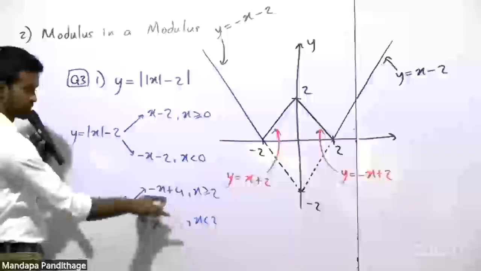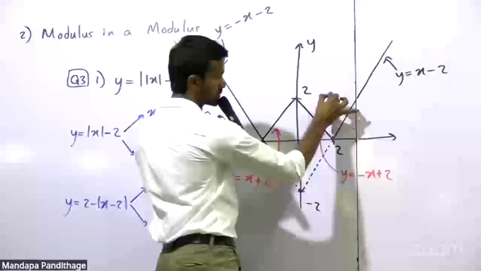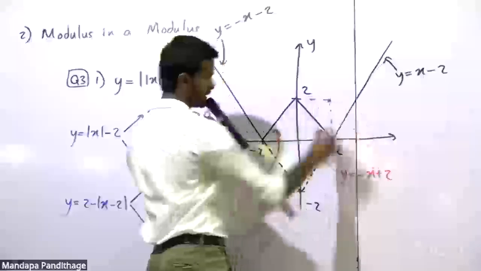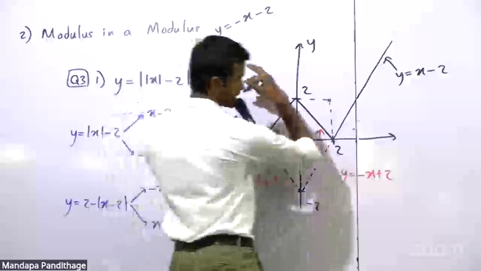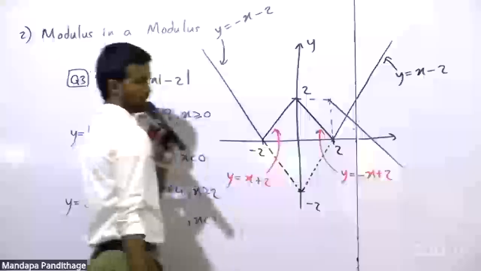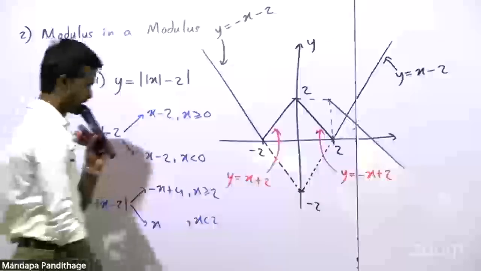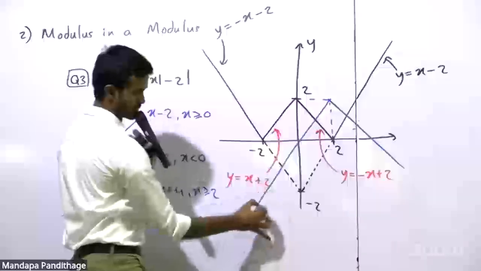Now you know when x equals 2, y is 2, so it goes from this point. After 2, you have to draw minus x plus 4, which means it's going in this way. And the other one is y equals x when x is less than 2. It goes in this way.